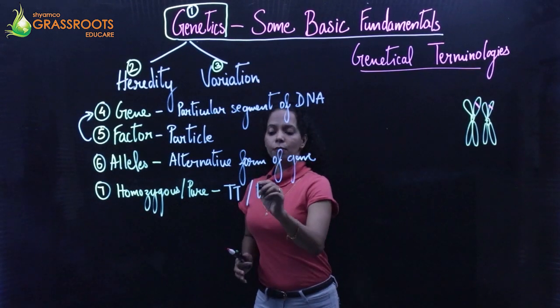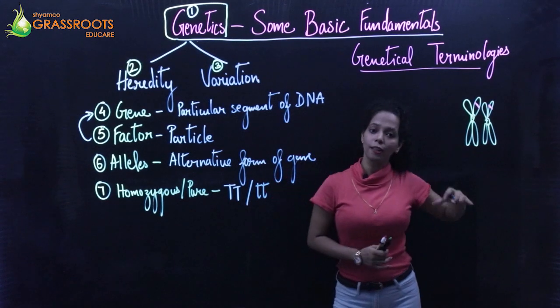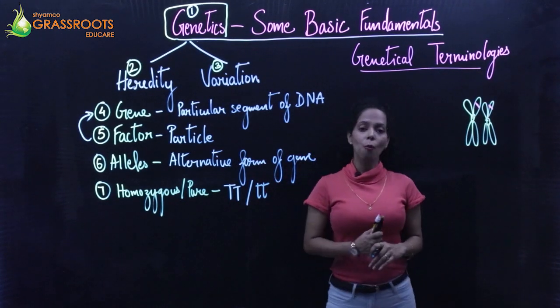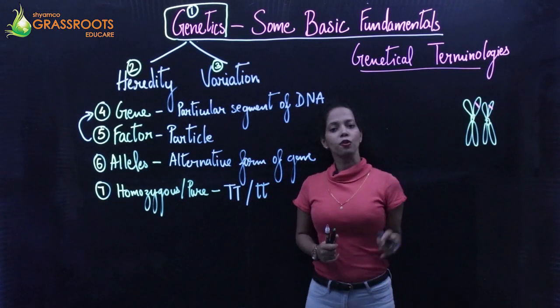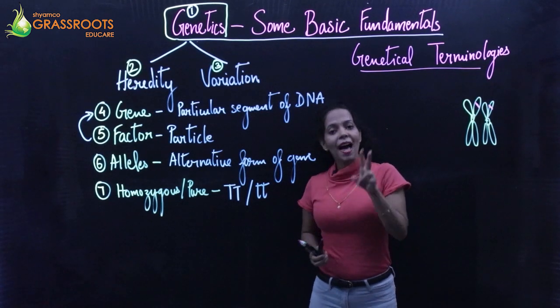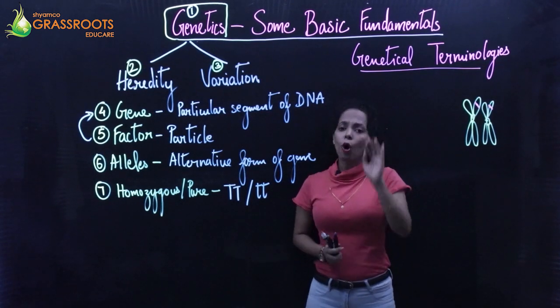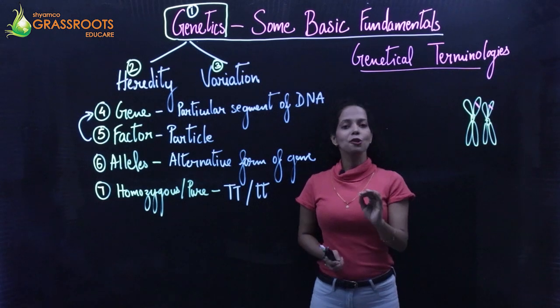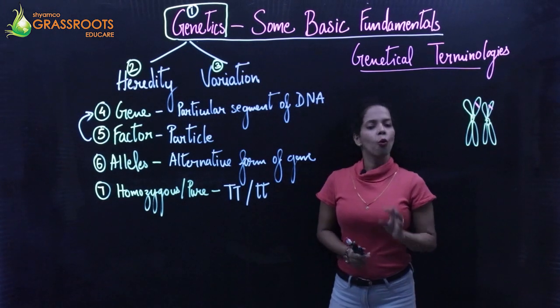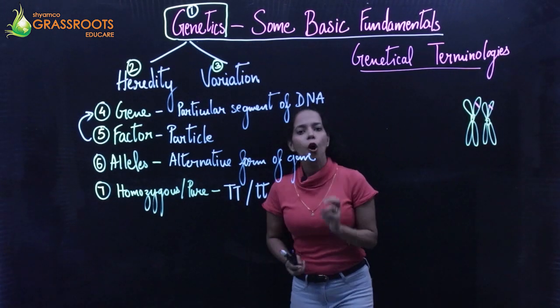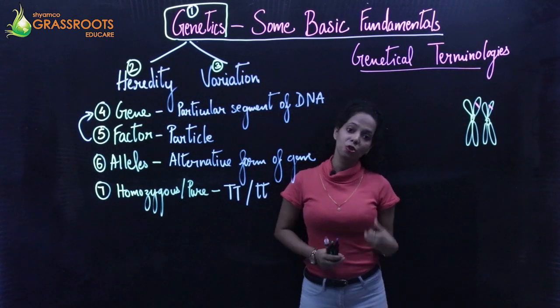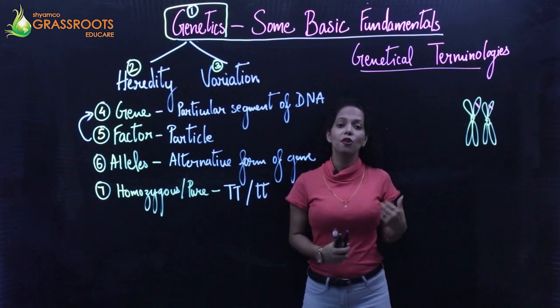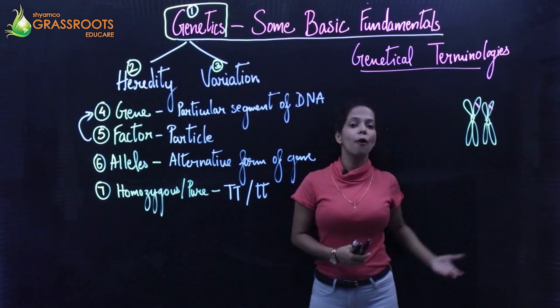And if it is small t for dwarf, short height, then also it is called homozygous condition. The only thing you have to remember, student, is that when both the alphabets are capital and when both the alphabets are small, this is known as homozygous or pure line. Why pure line? Because pure line or pure breed means they will express only one type of character if they undergo self-pollination every now and then.